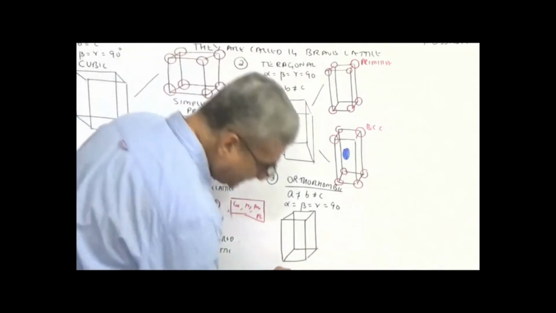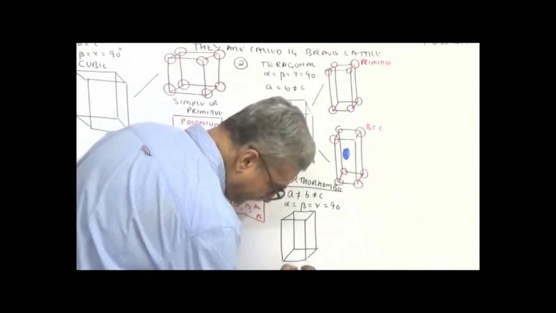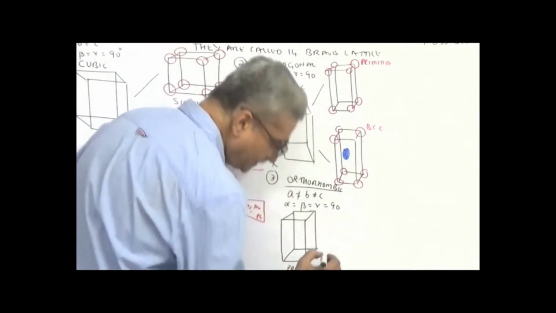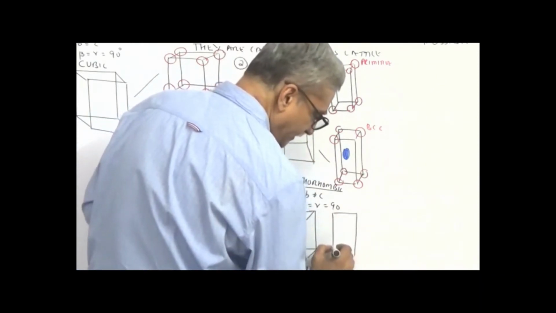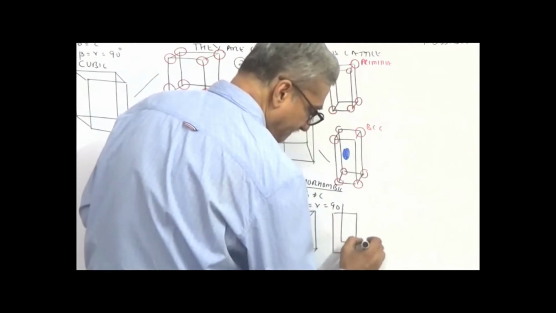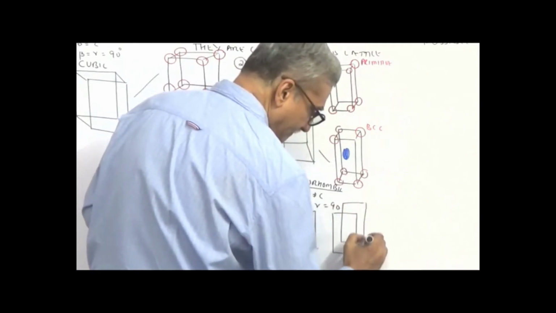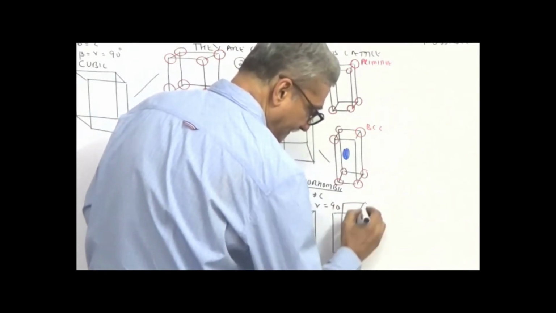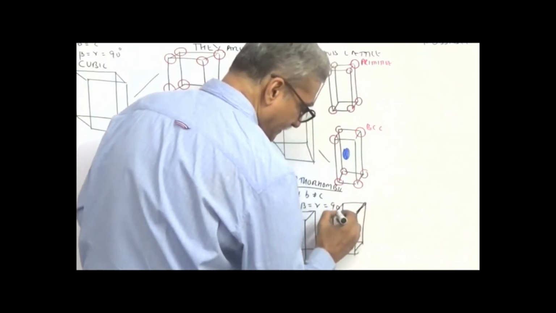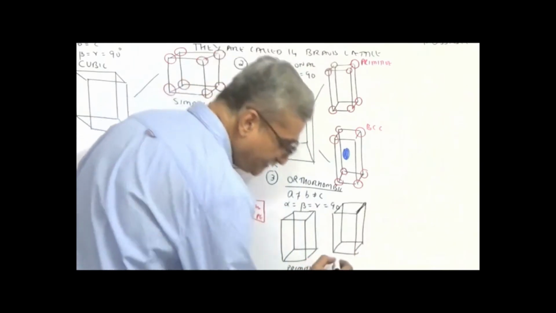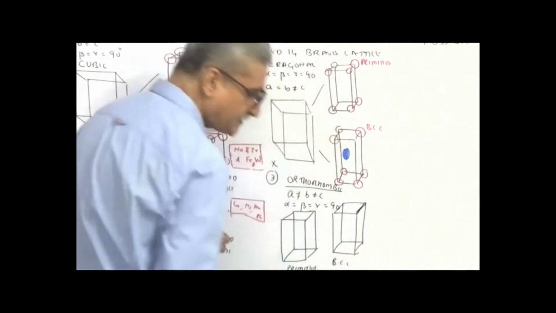1, this is primitive. Then second one that we have got is body centered. So this is BCC, I write it because there is no space.